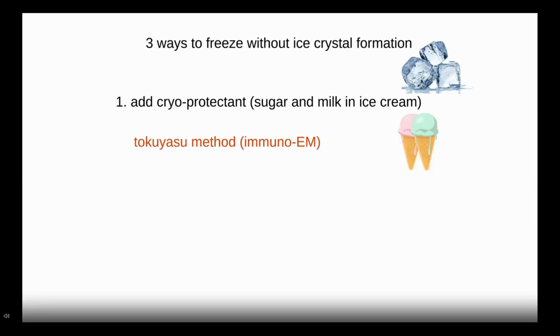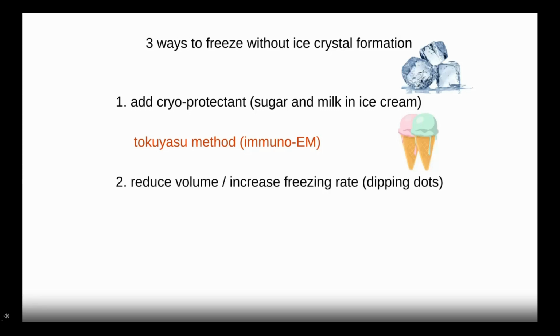The second way to avoid ice crystal formation is kind of like making Dippin' Dots, where you reduce the volume of the tissue that you're freezing and increase the freezing rate. As you know, Dippin' Dots is made with liquid nitrogen by dipping small bits of ice cream.